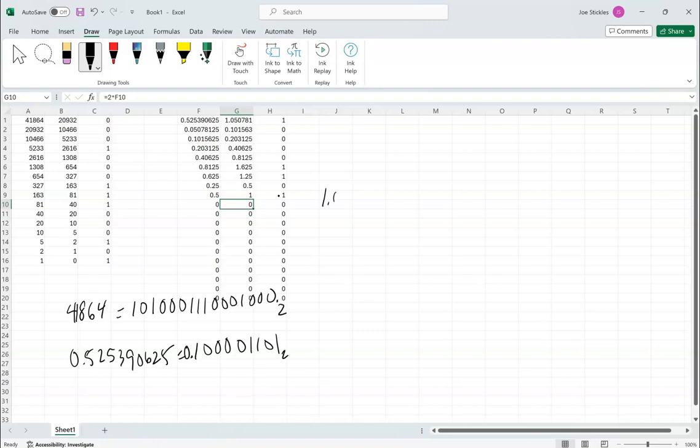So you get 1.01 0001111 000 10001101. Phew, that was a lot of words. Times 2 to the 15th. That's the scientific notation part.